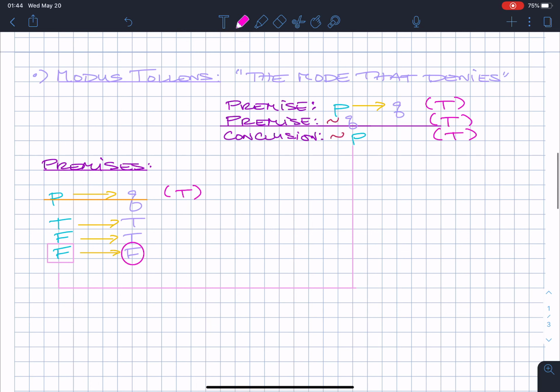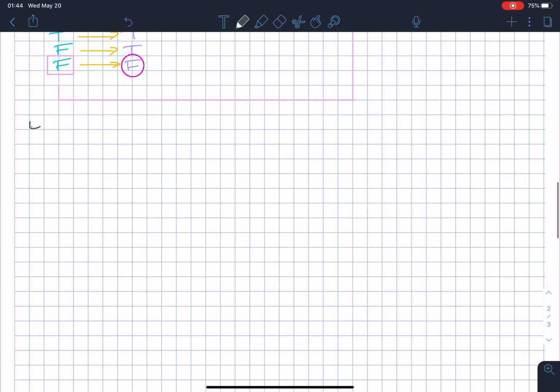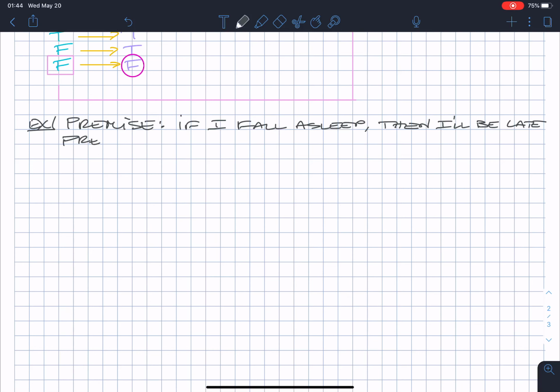So an example of this, the modus tollens, would be as follows. Let's say I give you premise number 1: if I fall asleep, then I'll be late. So this is a conditional statement. Okay, so what would the second premise be if we're doing the mode that denies, modus tollens?